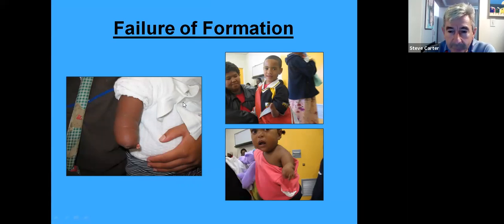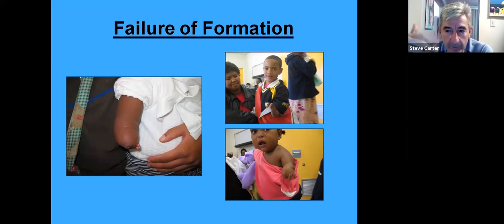Now these children, and this theme goes throughout congenital hand surgery, are all incredibly functional. So some of our general principles are we operate for function, not for form. What we mean by that is we operate to improve function. We don't necessarily operate to improve the look or the appearance of the limb.